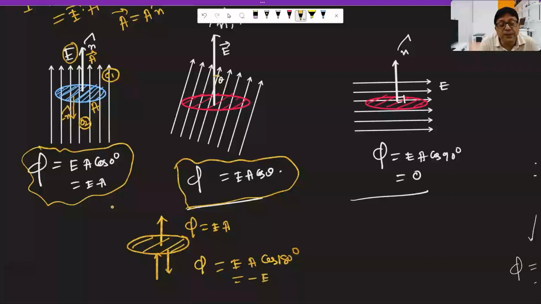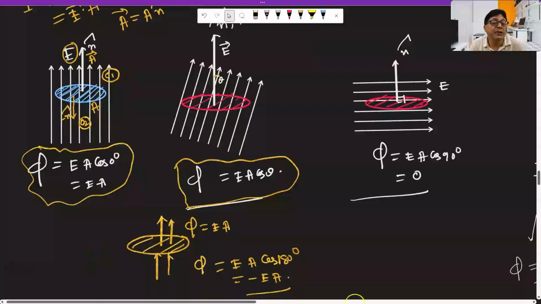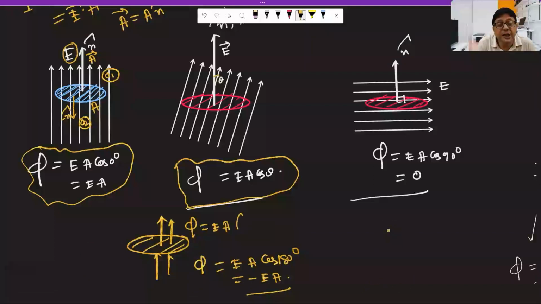This is minus E A. Clear? So flux this manner will be phi equal to E A, and this way it will be minus E A. The field lines are going this way only. Okay? So phi equals minus E A. This will stand for outward and this will be for inward.